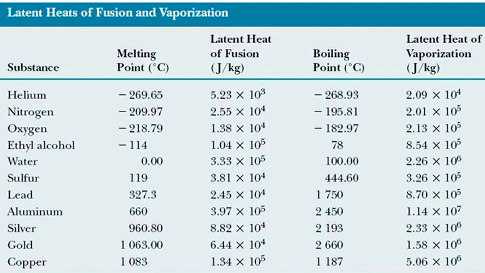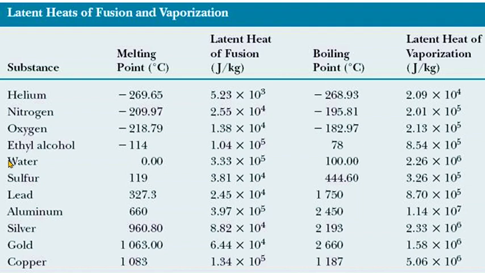Okay, in this slide, we can see the values of the latent heat of fusion and latent heat of vaporization for some substances. The latent heat of fusion and vaporization are both measured in joules per kilogram. We can see here helium, the first one, then nitrogen, oxygen, ethyl alcohol, water.